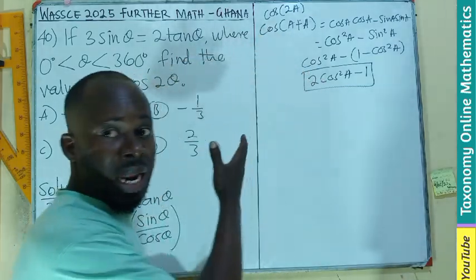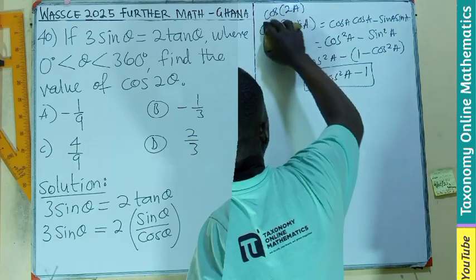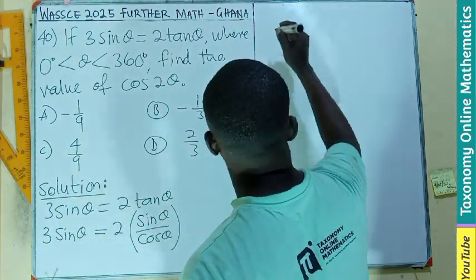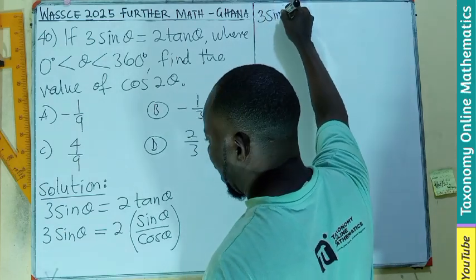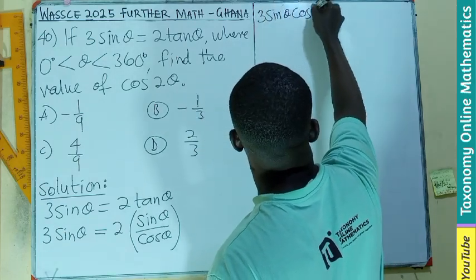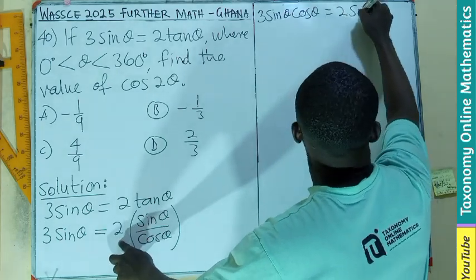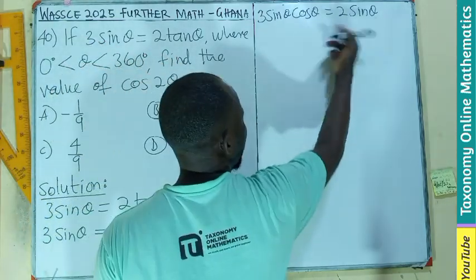I think I'll clear this now. We know what we are looking for. So here I should have 3 sine theta times cos theta equals 2 sine theta.